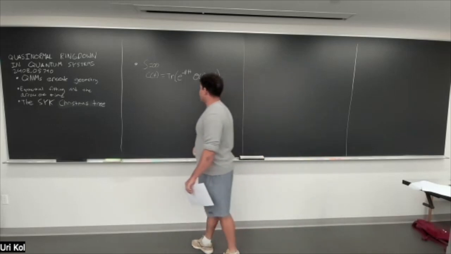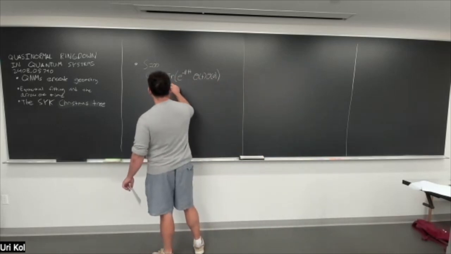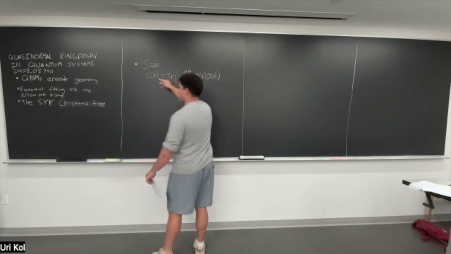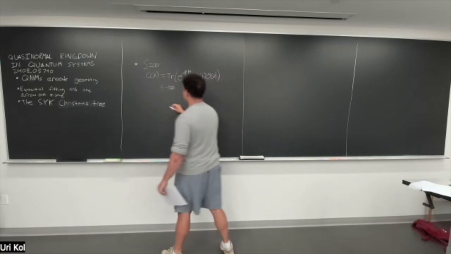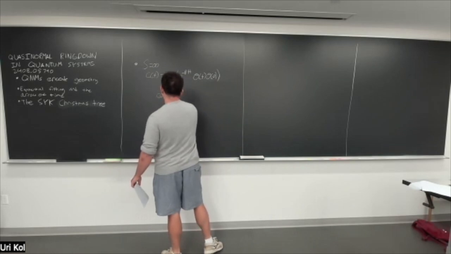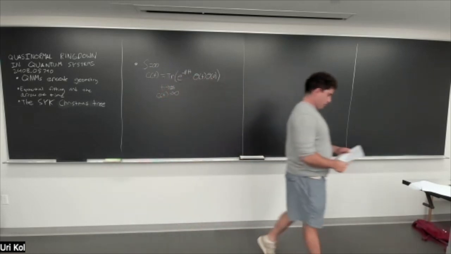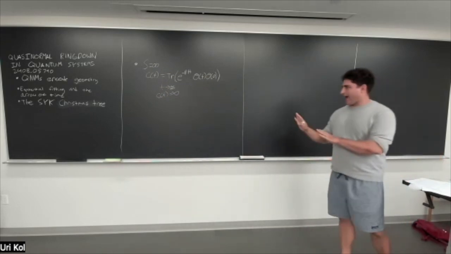And in a system with infinite entropy, we expect that at late times, this quantity thermalizes. So what that means is that C(t) goes to 0. And the question is, how does it go to 0?